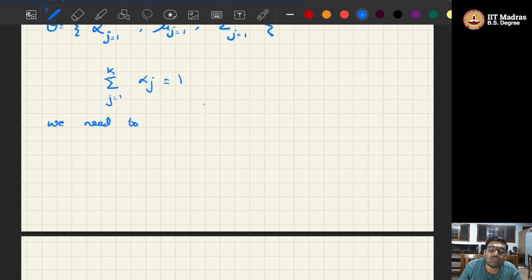You cannot get any values of alpha. There is a certain constraint that needs to be taken care of. We need to do a constrained optimization.